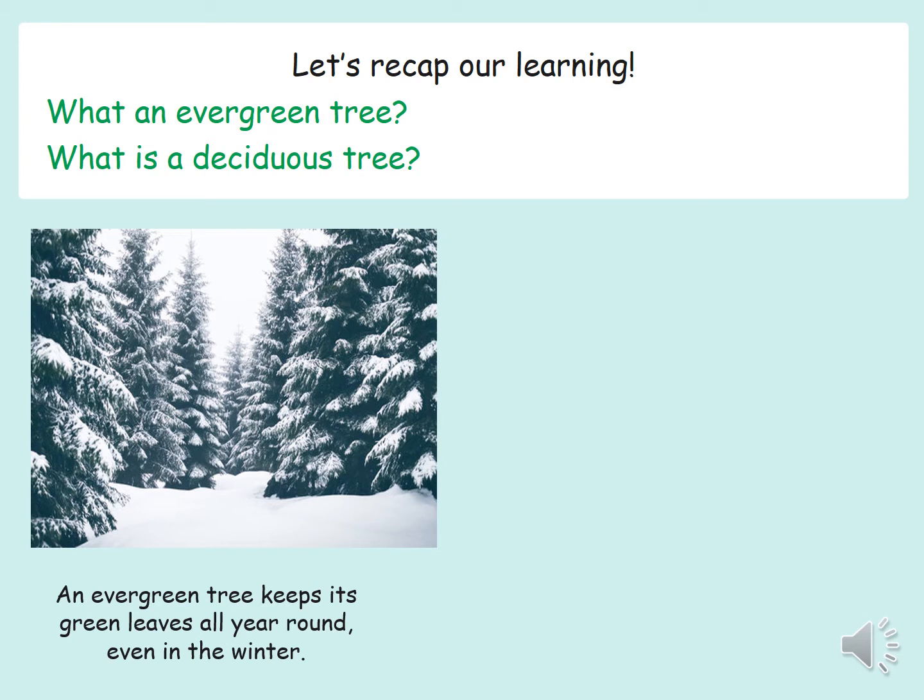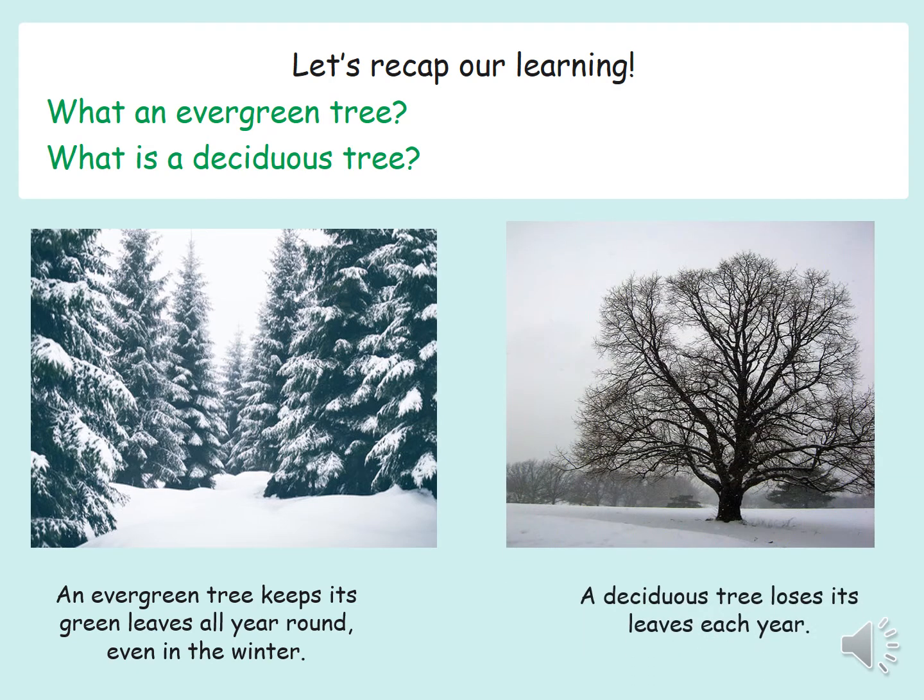Your next question, what is a deciduous tree? Talk to me, tell the screen, what is a deciduous tree? A deciduous tree is a tree that loses its leaves every single year.